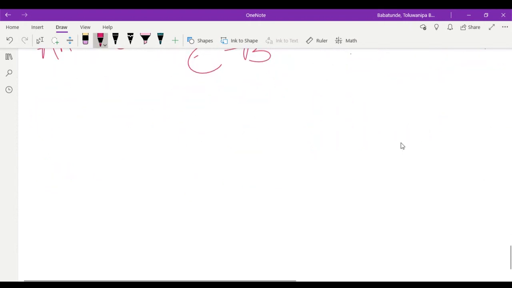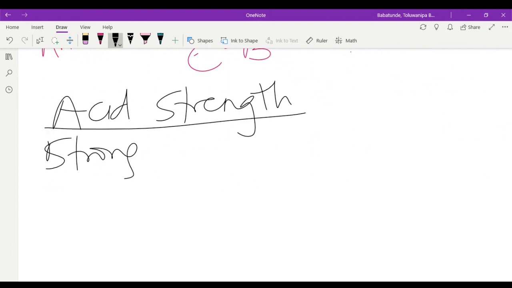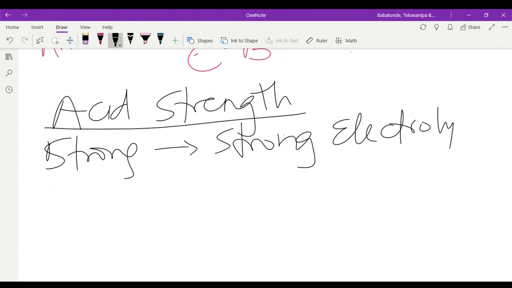We can know the strength of acids and we can know the strength of bases. So acid strength. A strong acid is a strong electrolyte, right? Any strong acid is automatically going to be a strong electrolyte, because practically all the acid molecules are going to ionize.